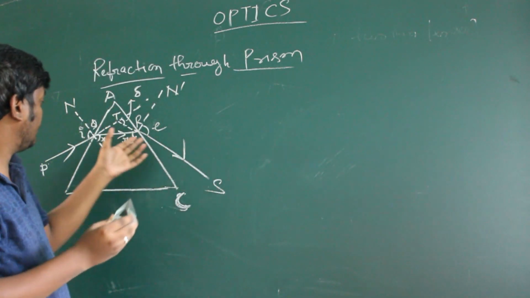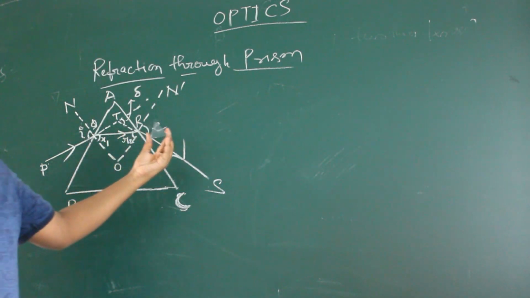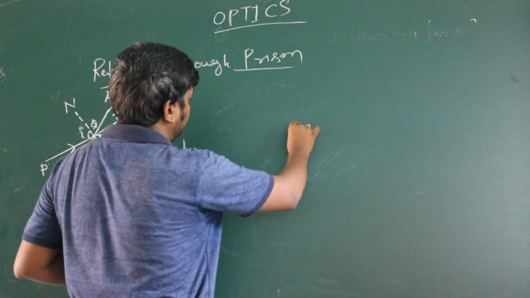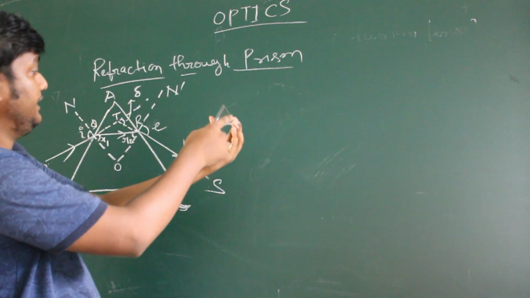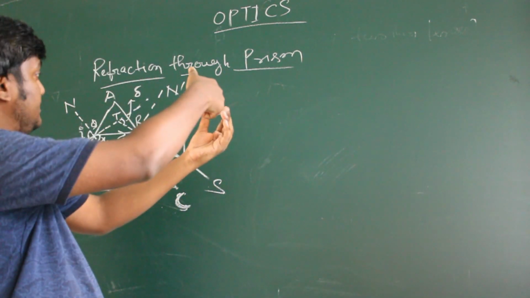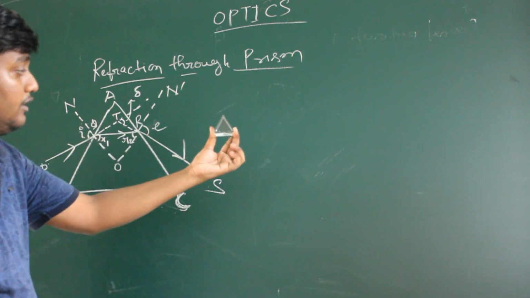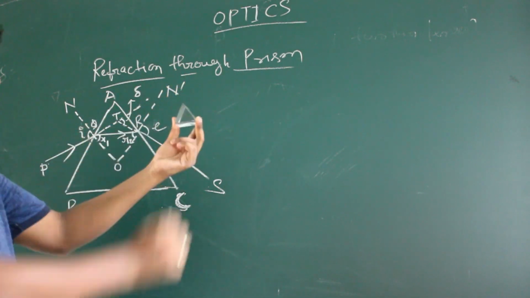I have drawn one prism here. We take the prism like this: A, B, C. This is AB, this is BC, and this is AC.